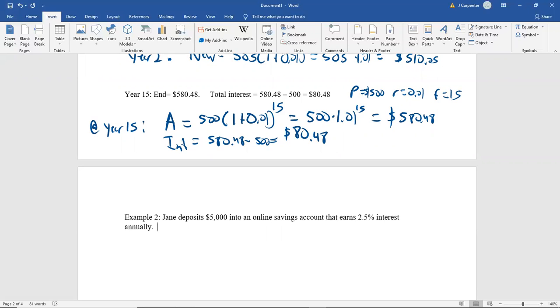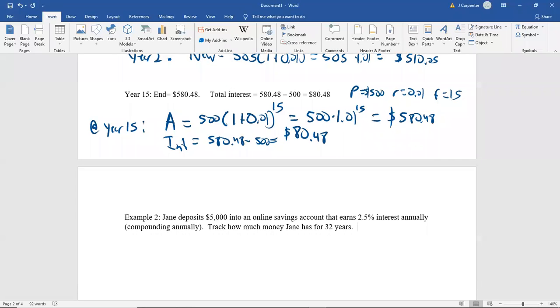Now, I might say compounds annually. That's another way of saying it. I'll put that in parentheses. Those are just two different phrases for the same meaning. Earning interest annually means it compounds annually. Track how much money Jane has for 32 years.